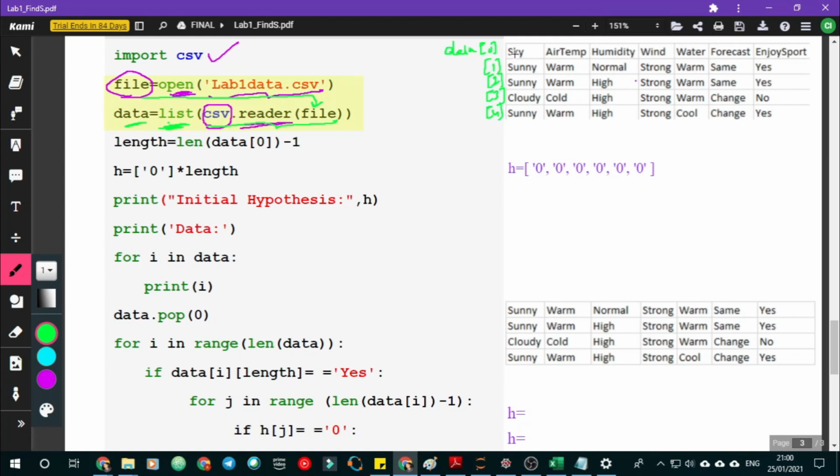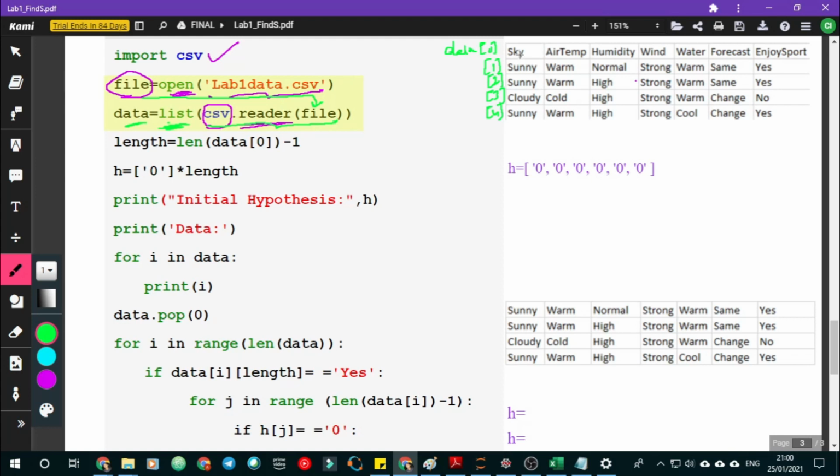I need to calculate how many attributes there are, because the hypothesis has as many null values as there are attributes. That's why I need to take the length of data of 0, not the length of data. The length of data is 1, 2, 3, 4, 5. If you take the length of data, it will be wrong.